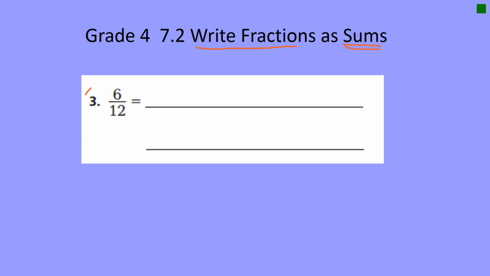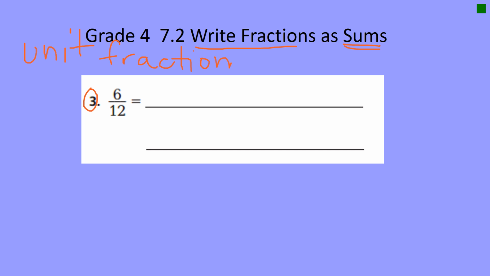So let's jump here to number 3. Now, again, I cut the directions off, but I'll read them to you. It says, write the fraction as a sum of unit fractions. Okay, unit fractions.